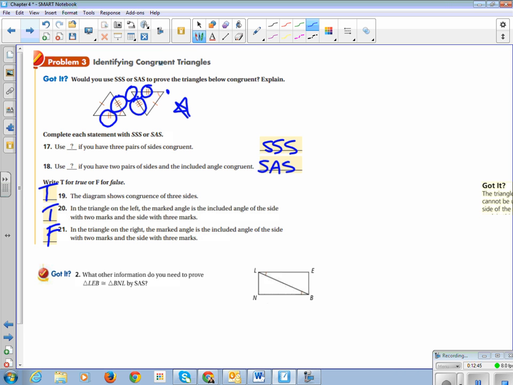So which one should we use? Side, side, side, or side, angle, side?